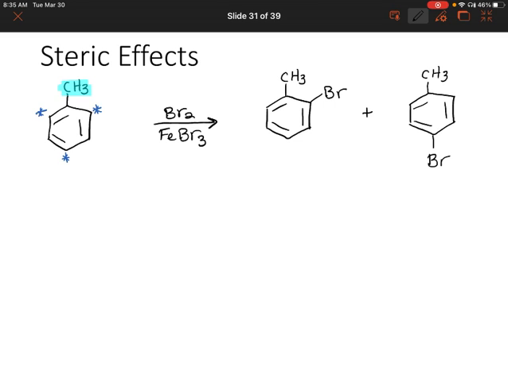For the ortho product, you could draw the bromine on either side of the methyl group. It's still the same product because you can just flip it like a pancake.